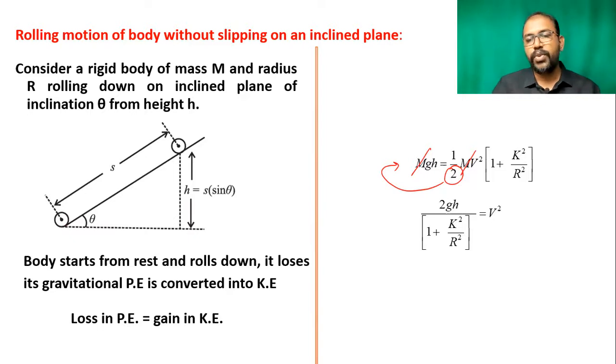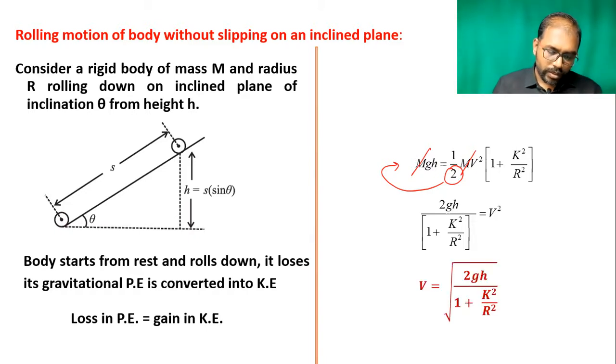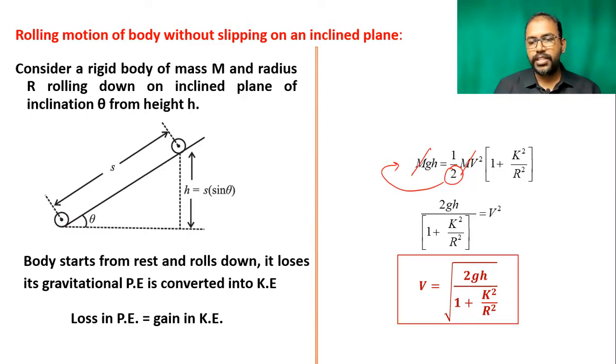So we get the formula of v square, 2gh divided by 1 plus k square by r square. Now we have to write the formula for v. So velocity is given by this formula, under root 2gh divided by 1 plus k square by r square. This is the expression for velocity of a rolling body.